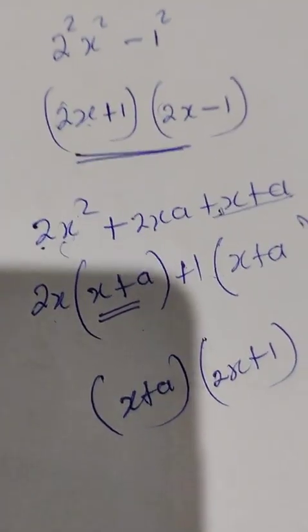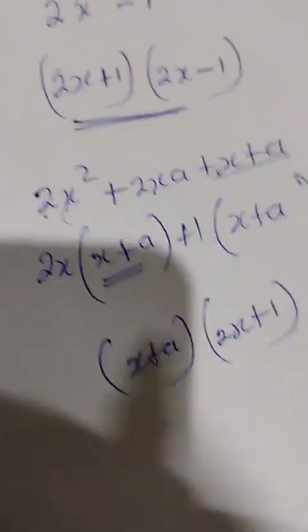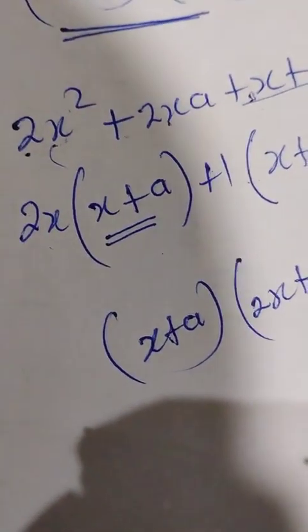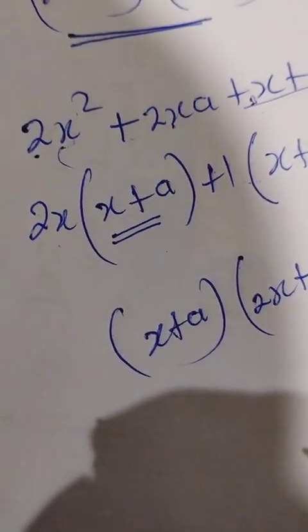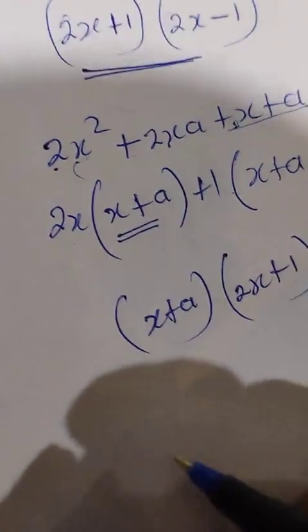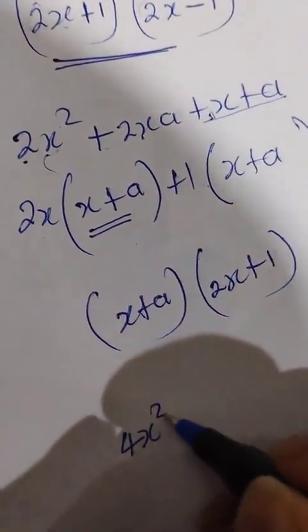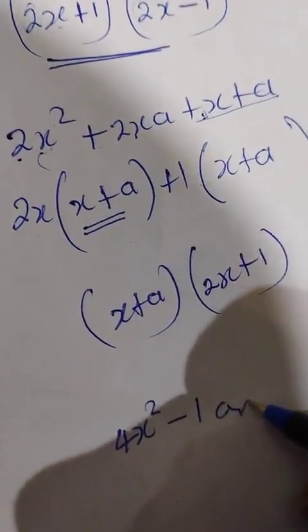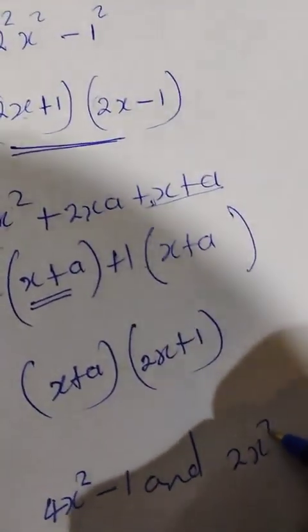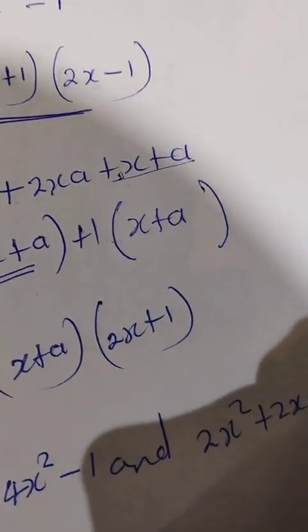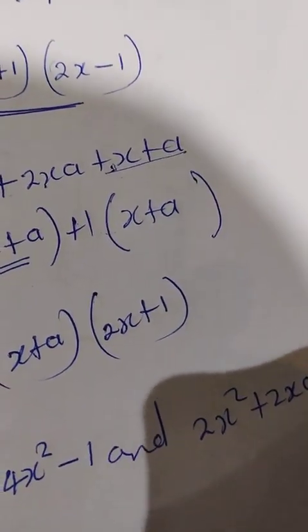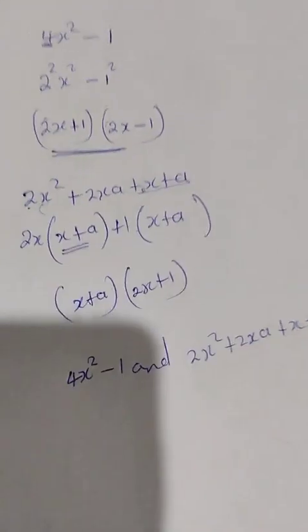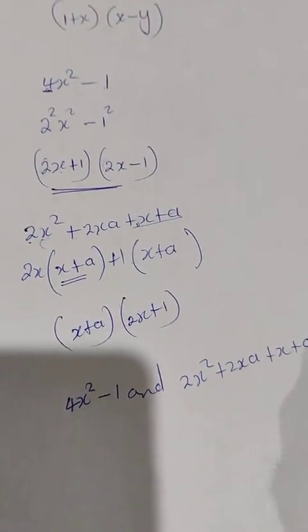Right? Alright. So the B part says hence or otherwise find the highest common factor or the HCF of 4x squared minus 1 and 2x squared plus 2xa plus x plus a. So you can see it's a 1-mark question.